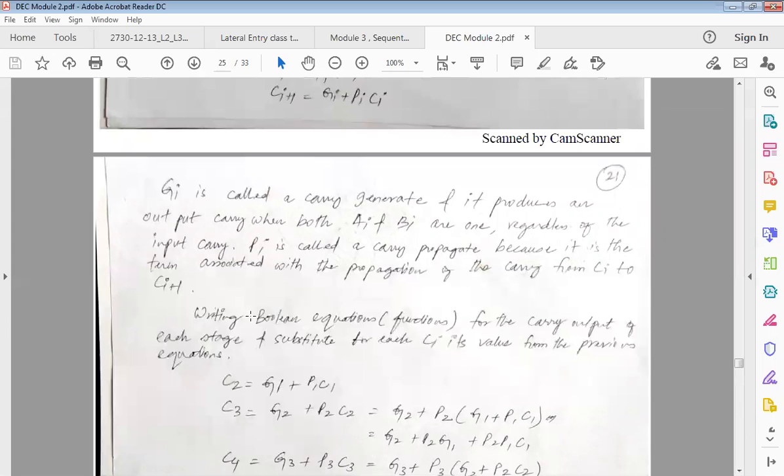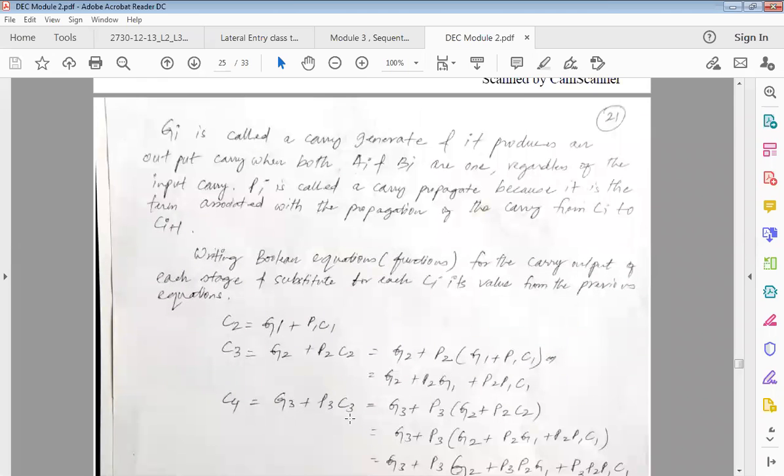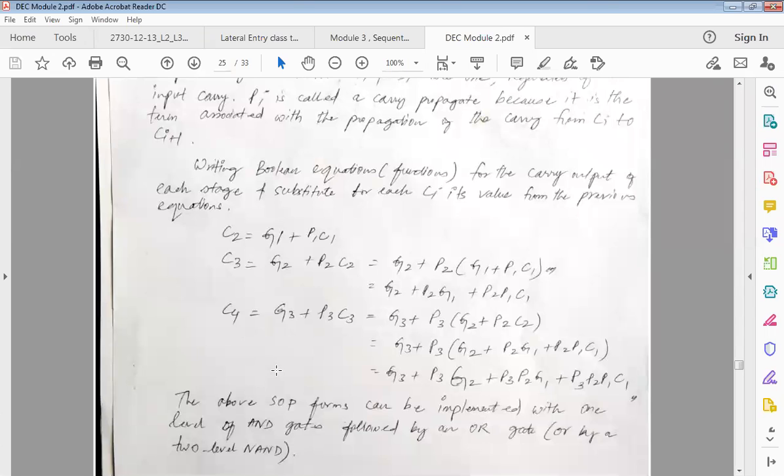If I have to generate carry 4, then here I have to increase the value of I. So this becomes G3 plus P3 C3. Now I have the value of C3, and I have the value of C2. So first I will try to substitute the value of C3. So G3 plus P3 into G2 plus P2 into C2. Now the C2 value is G1 plus P1 C1, so this one I have multiplied here and got it directly.